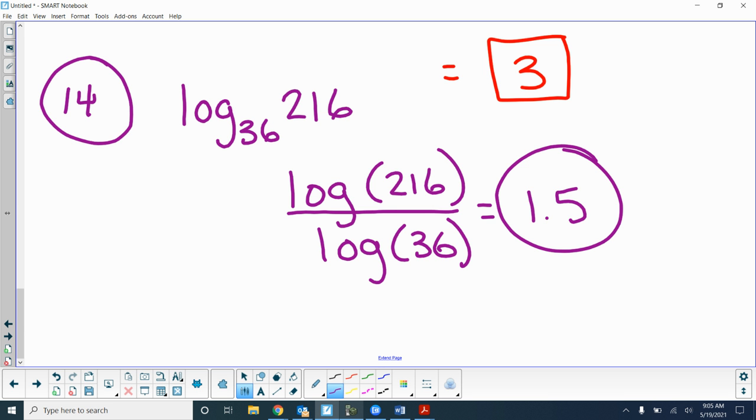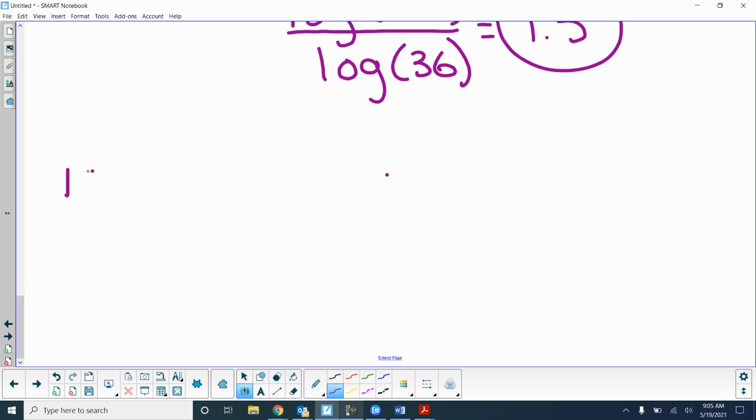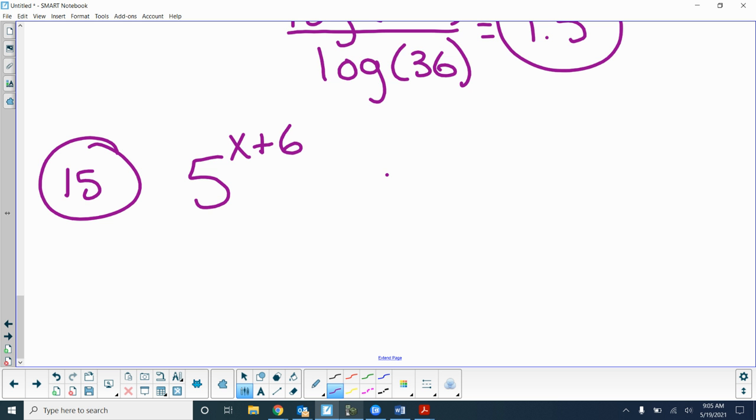All right, number 15, we have to solve this equation. We have 5 to the x plus 6 power equals 125 to the x power. Okay? So what we did on these is we turned them into log problems. So I just take the log of both sides.